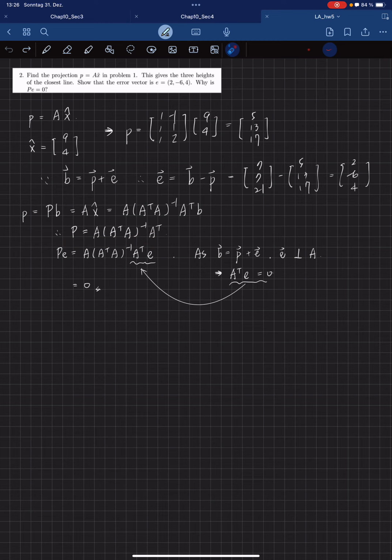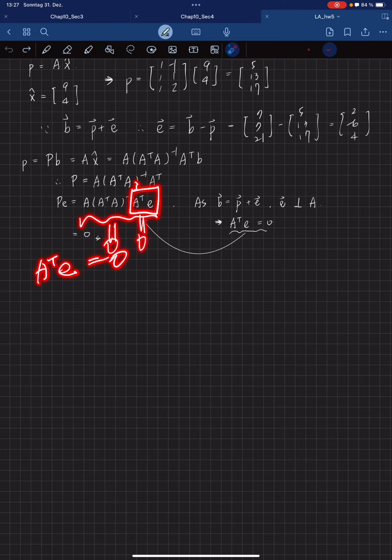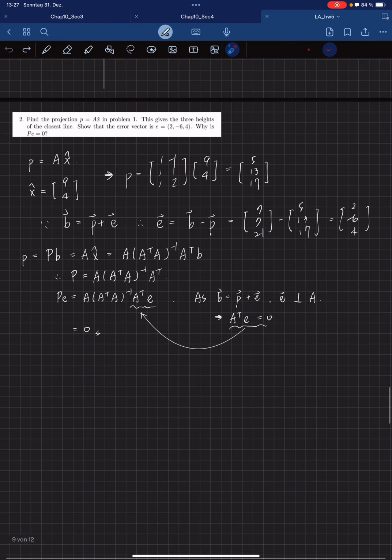And then we slap on the E, and that results in A times (A transpose A) inverse A transpose E. And since we know that E is an orthogonal component of vector B with respect to matrix A, that means our A transpose E should be 0, right? So now we notice that there's exactly an A transpose E inside the equation. So this should be 0, therefore the entire thing should be 0. So our big P times E is just 0.